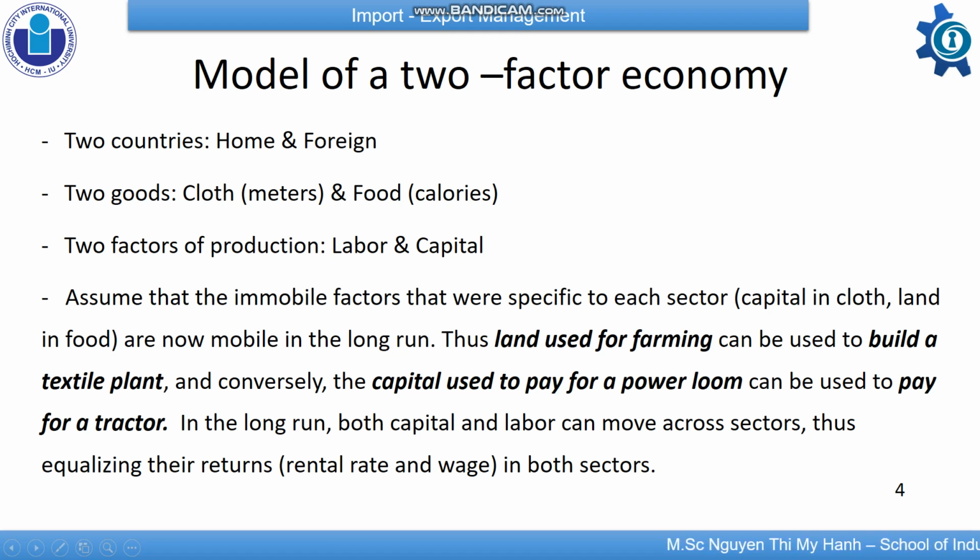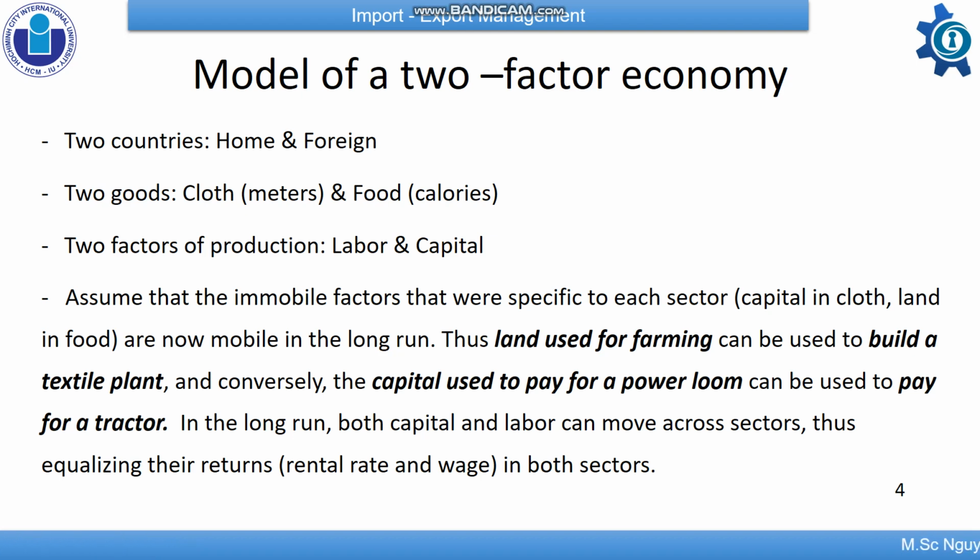It means that the land we use for farming can be used to build a textile plant, or conversely, the capital we use to pay for a power loom can be used to pay for a tractor. So the factors can be exchanged with each other. In the long run, both capital and labor can move across sectors.